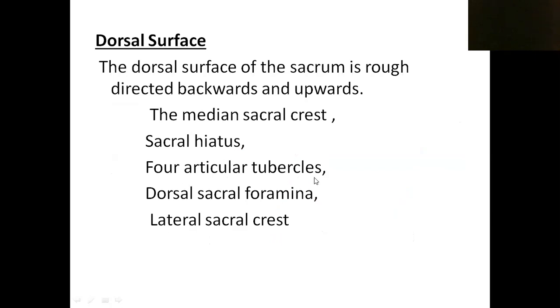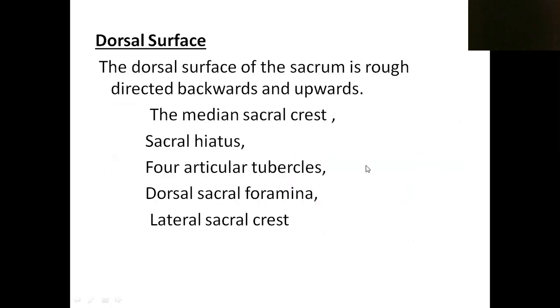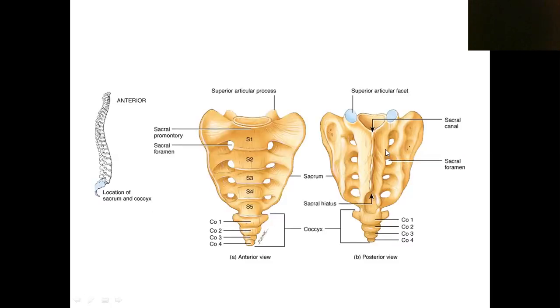Then four articular tubercles are seen just lateral to this median sacral crest and sacral hiatus. See here, we can see some small projections. These are the sacral tubercles, seen lateral to the median crest.